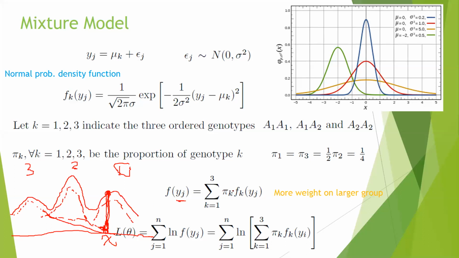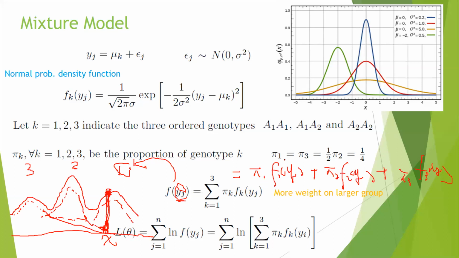So if we use this to calculate pi 1 F1(Y) plus pi 2 F2(Y) plus pi 3 F3(Y), if this Y actually belongs to the first distribution, then when you calculate the density function with the first distribution, this will give you a very large number.